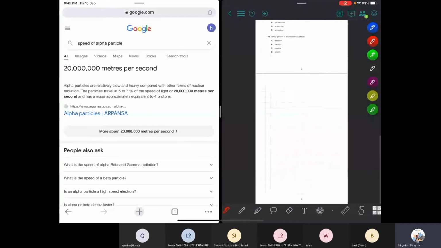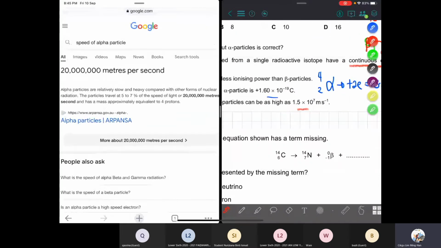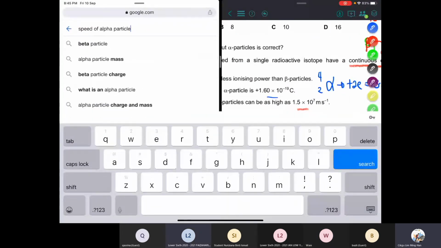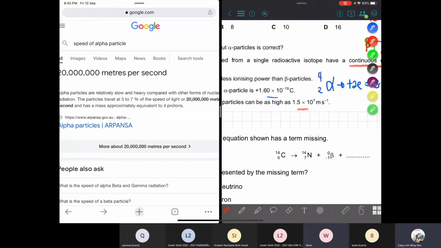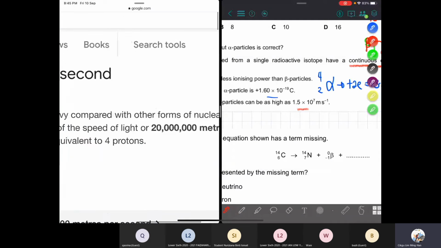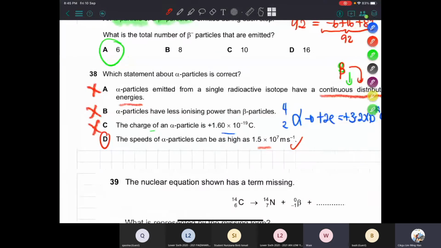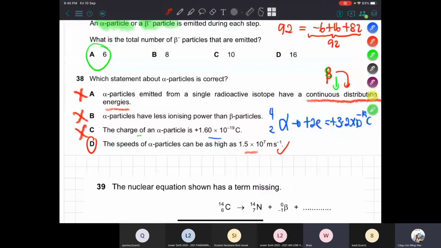There, 6 times 10 to the power of 7. It matches, sir. 20,000 kilometres, 1, 2, 3, 4, 5, 6, 7. It matches. So this one is correct. Yes, right, alpha particle, sir.